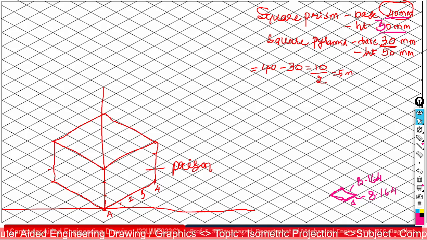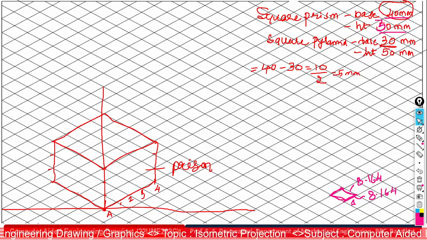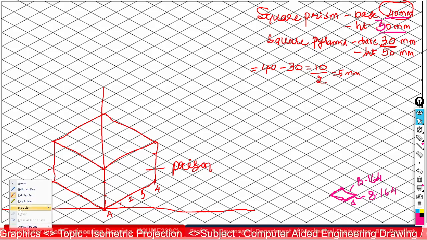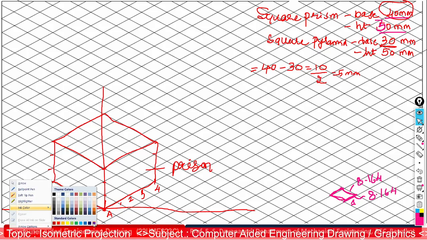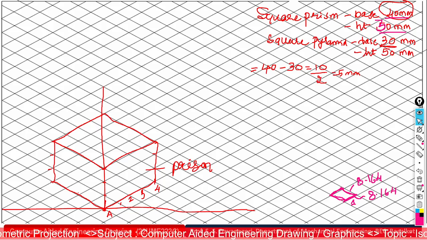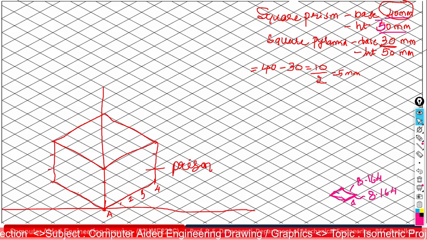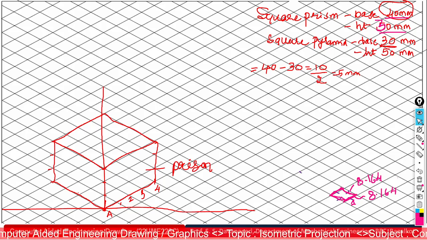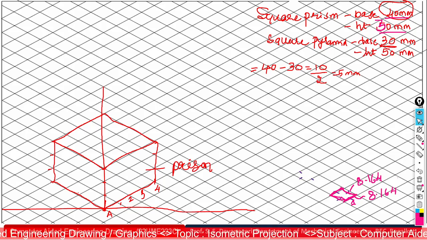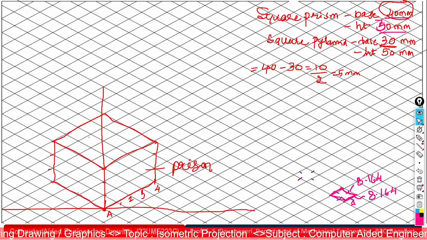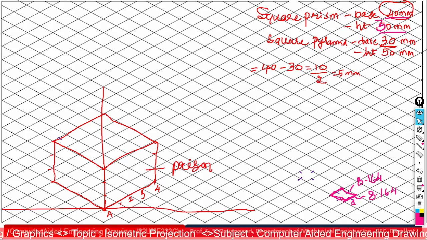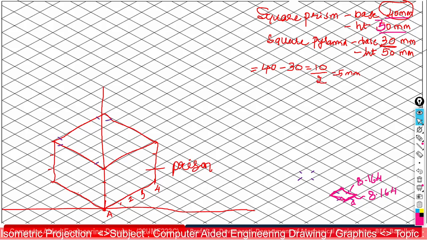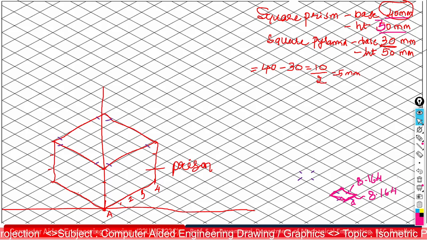Now you just observe here, on every grid you got midpoints like this, small midpoints. So let us mark them here, here and here, here and here, here and here.